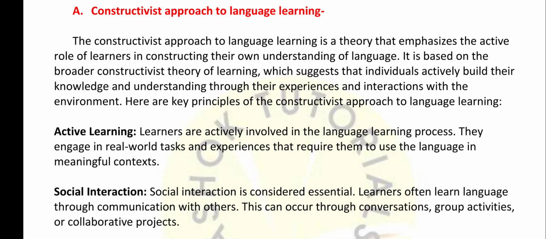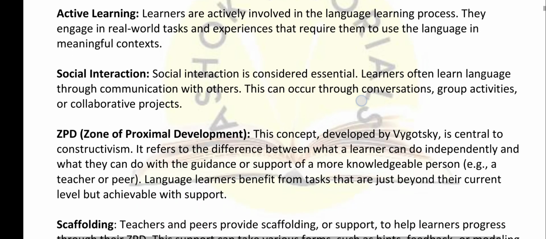All right, so here are the key principles of the constructivist approach to language learning. Let us see what the principles are. Number one, we have active learning. By the word itself, active means the child has to be active in order to learn. Learners are actively involved in the language learning process. They engage in real world situations, tasks and experiences that require them to use language in a meaningful context.